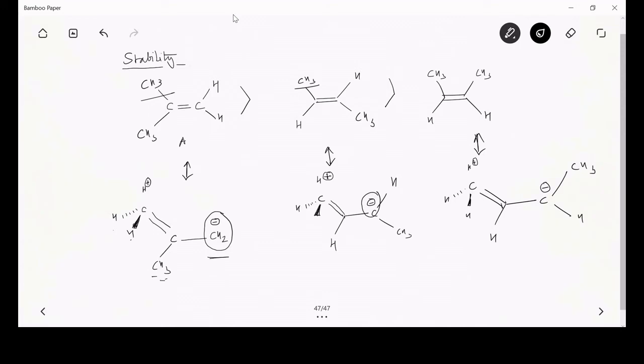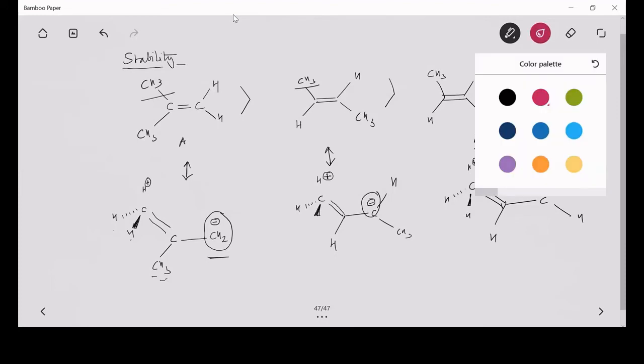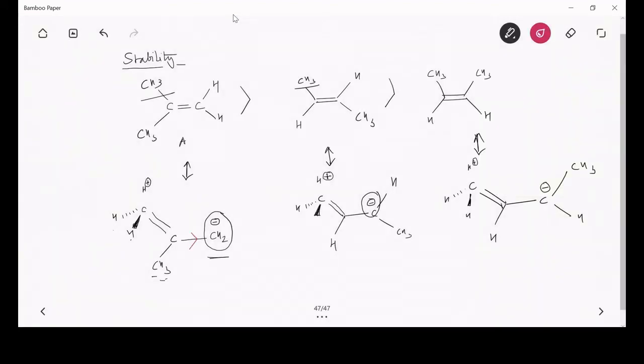In the first case, we have only one alkyl group attached to the carbanion, which means there is one inductive effect, or one plus I effect, which means the electron is getting pushed towards this CH2, and this CH2 already bears a negative charge.